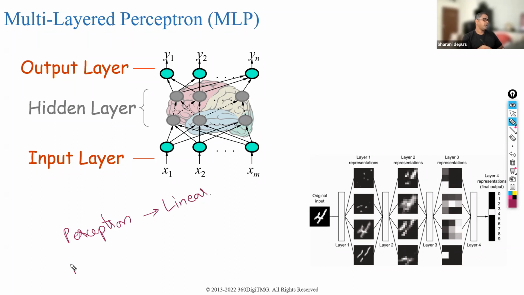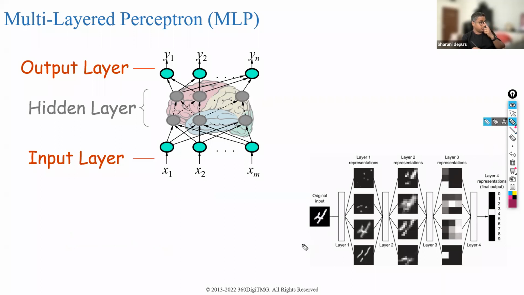And then you have the multi-layered perceptron, which can handle non-linear patterns. So you have linear patterns and non-linear patterns. Linear patterns are handled by the perceptron, non-linear patterns are handled by the multi-layered perceptron. Okay, next.